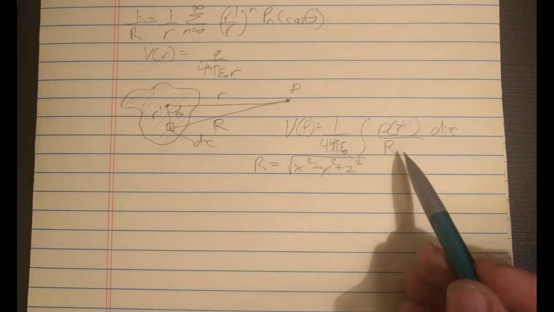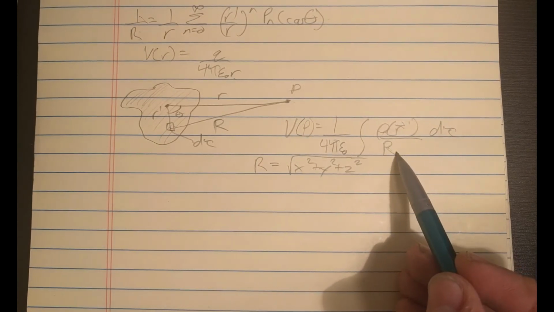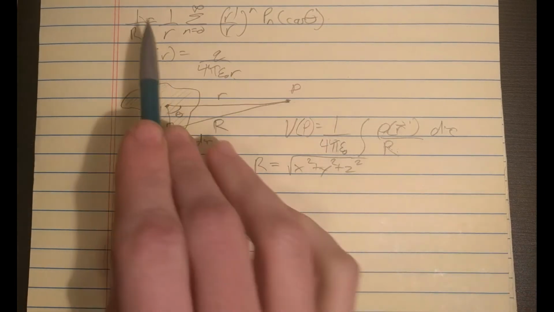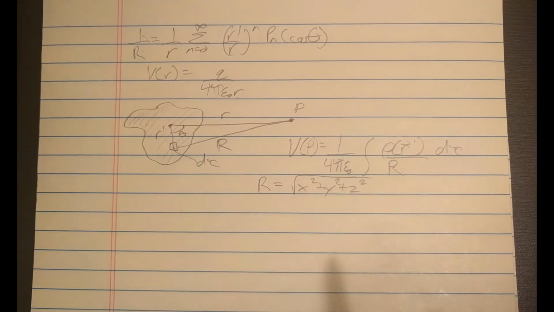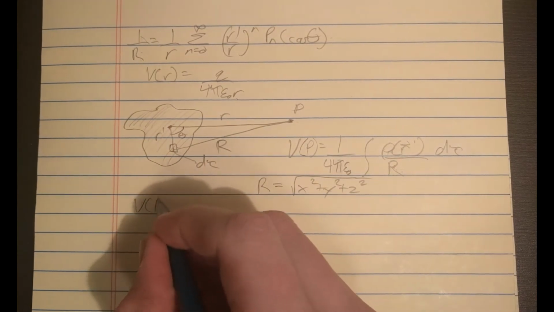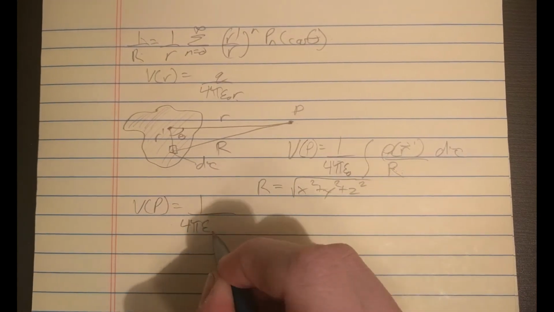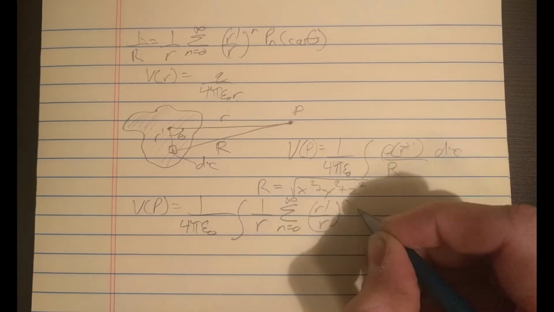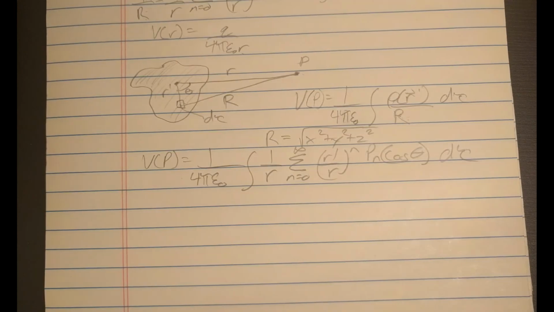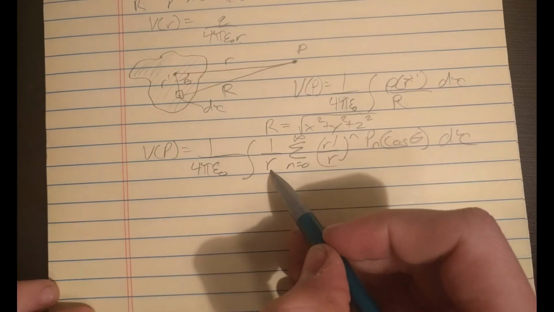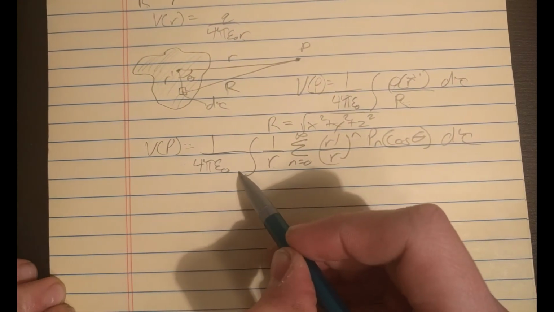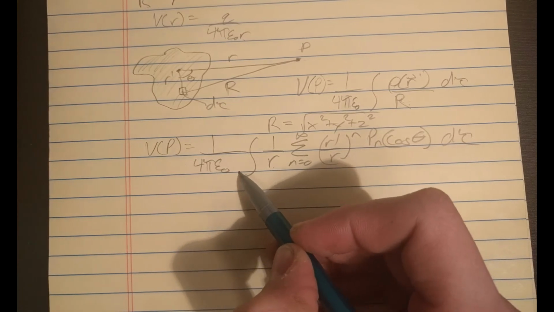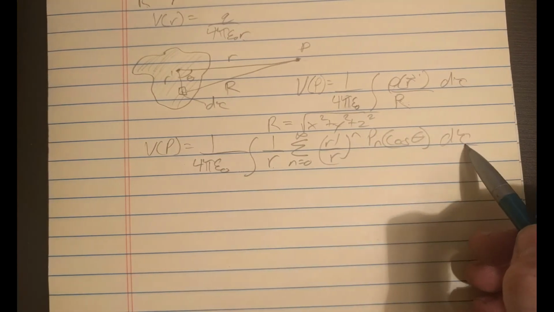So now we can rewrite this because we have this 1 over r up here. So I'm going to plug that in here. So we get the potential at point P equals, now we can bring 1 over little r outside of the integral because it does not depend on d tau here.